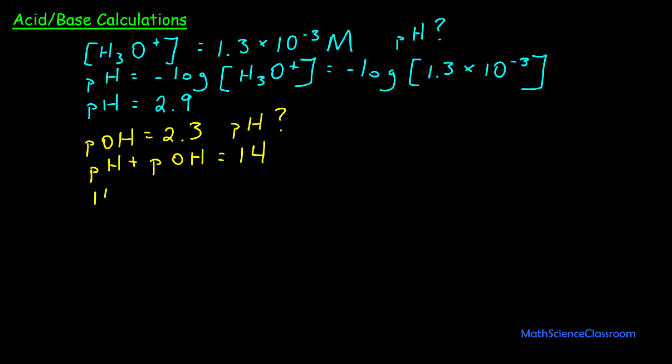So 14 minus the pOH equals the pH. And that would be 14 minus 2.3 equals a pH of 11.7.